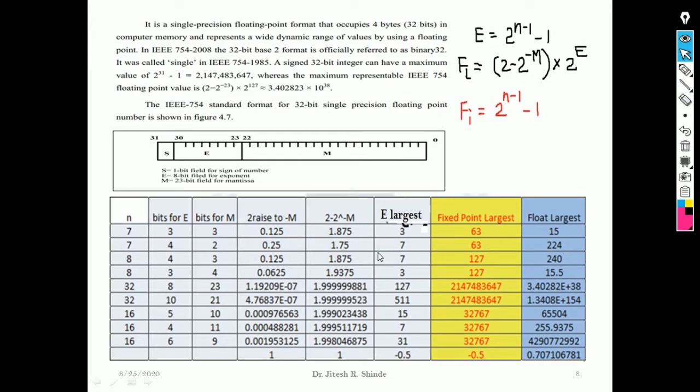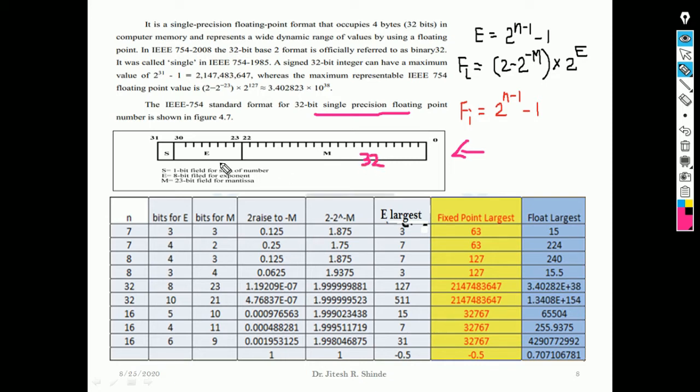Now, here in the diagram, the IEEE 754 single precision floating point format is being represented. It's a standardized one, mostly used for 32-bit single precision floating point numbers.